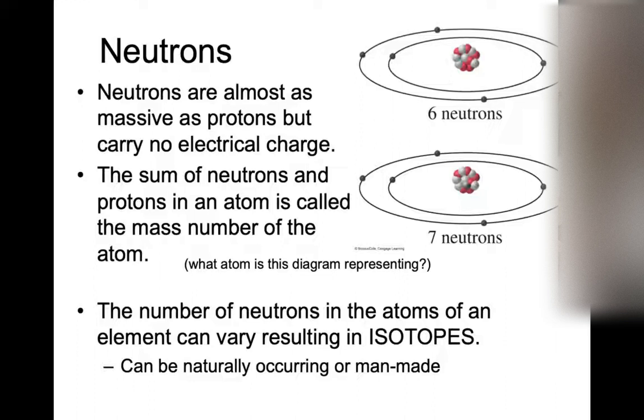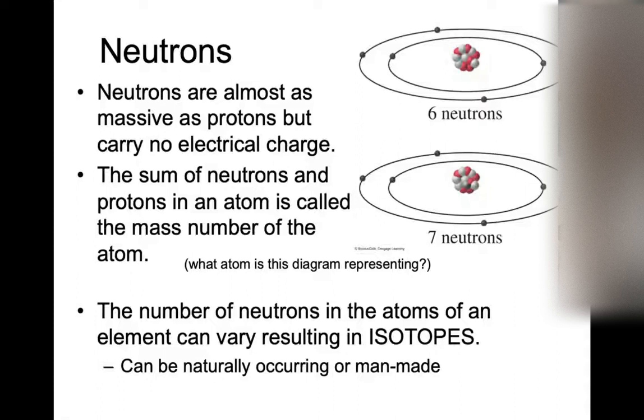You can also notice they each have 6 electrons, so we're still looking at neutral atoms. In the top one, it has 6 gray, those are the neutrons. In the bottom one, it has 7 gray balls, 7 neutrons in there. So the first one on the top is a carbon 12, has a mass of 12, and the next one has a mass of 13.